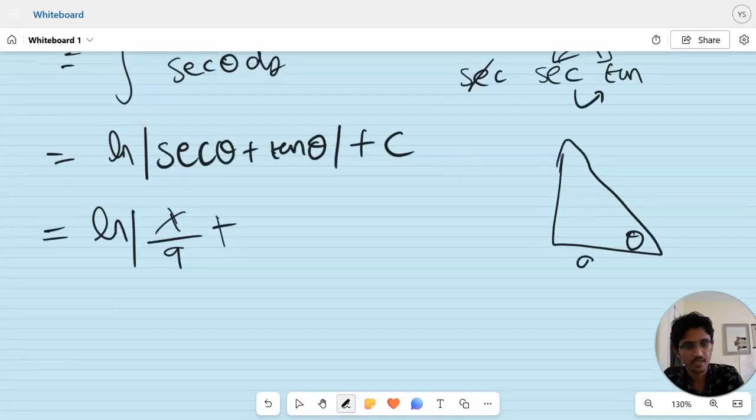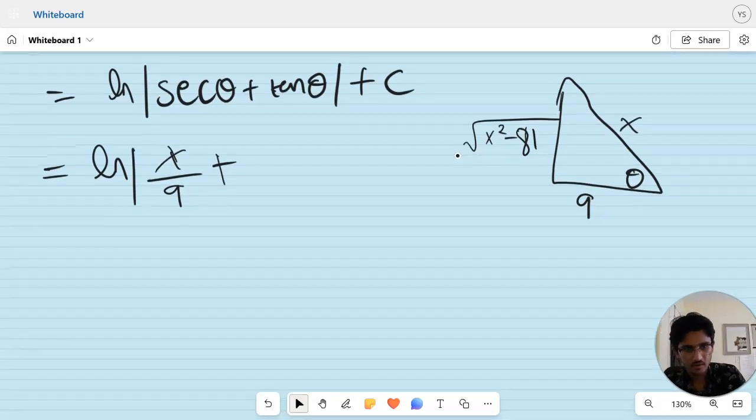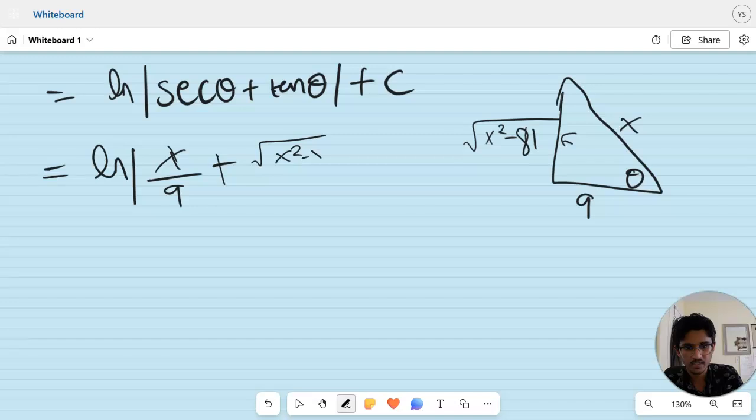So that's going to be our base over the hypotenuse. And if we solve for the third side, the perpendicular side, it's going to be the square root of x squared minus 81. Having that side, which we need for our tangent theta, our tangent theta is the perpendicular, opposite side, square root of x squared minus 81, over the base, which is 9.